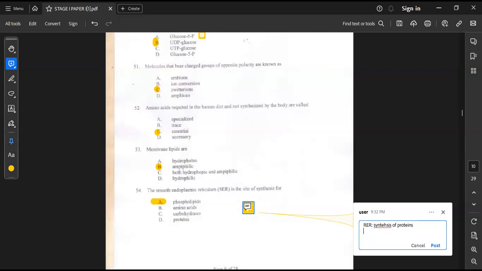According to Google, plastids are organelles found in the cytoplasm of plant cells, and that is where carbohydrates are synthesized. But that's for plants.